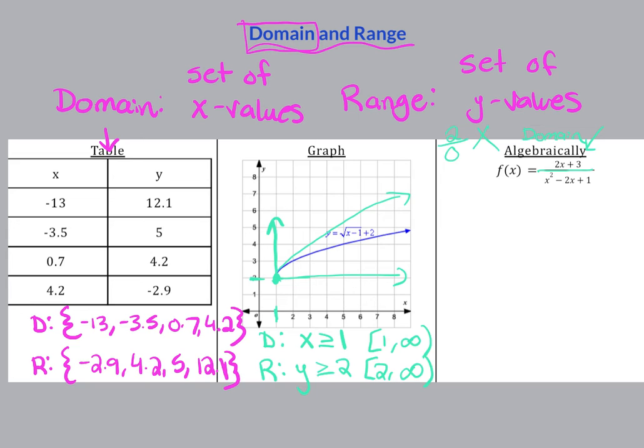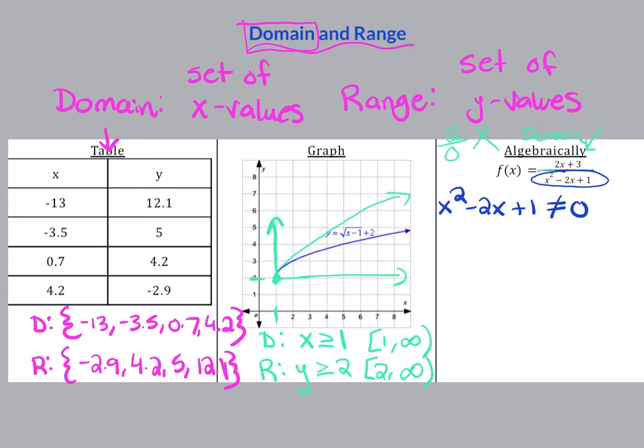So that means this denominator x squared minus 2x plus 1 can't equal 0. So the denominator cannot equal 0. That means there's a restriction on the domain. So let's think about this. I have a quadratic that cannot be equal to 0. So what values of x are not going to work?